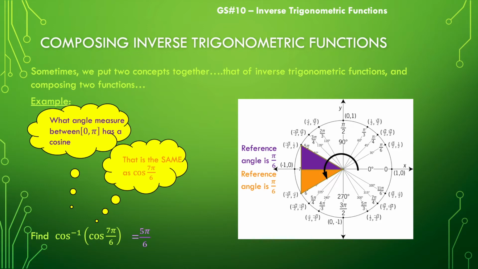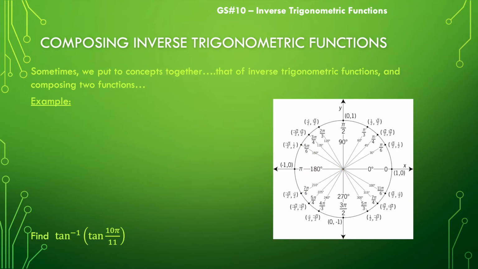So instead of adding pi over 6 to pi to get 7 pi over 6, we would be subtracting pi over 6 from pi to get 5 pi over 6. And so that is how we are going to use our unit circle and the visualization of it to get our answer. Because often we have examples that don't fall in the realm of what we are normally used to using on our unit circle.